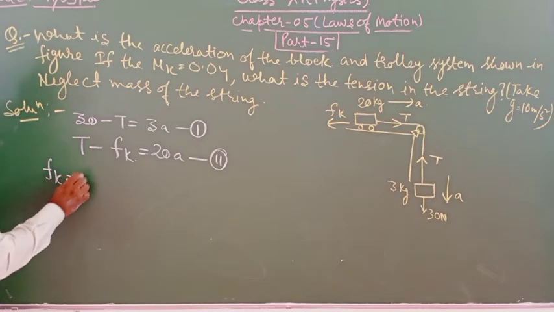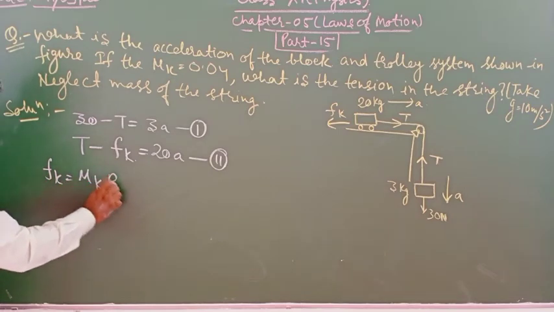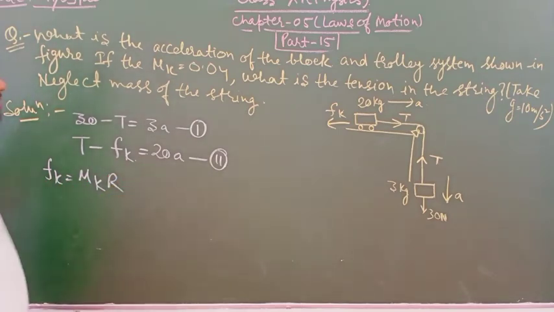Fk is equal to mu k into R, as you have studied. The normal reaction here is 20 into g, taking g equal to 10.